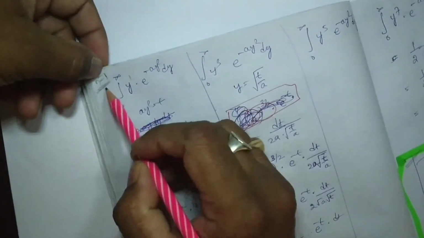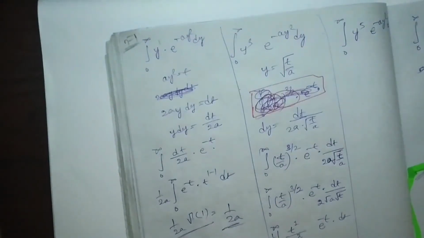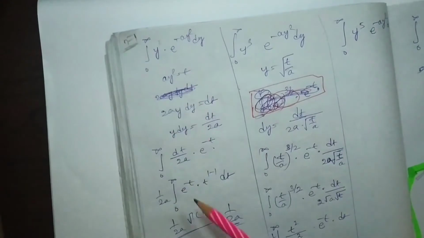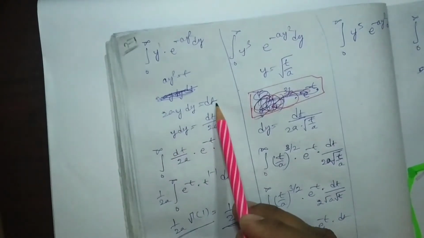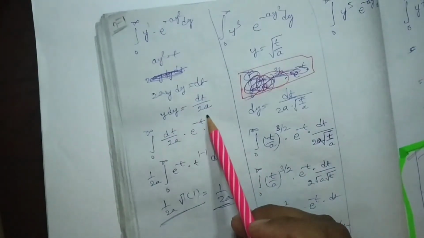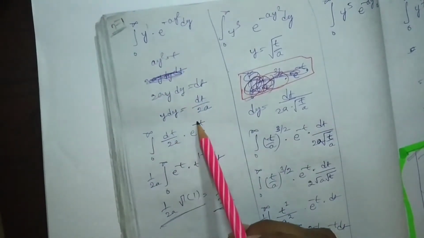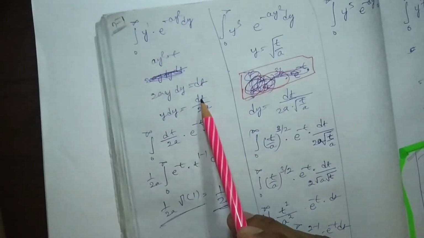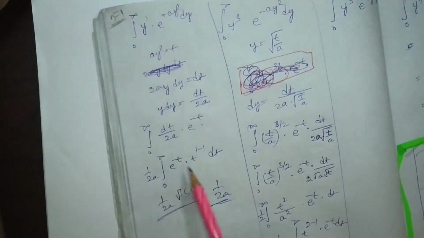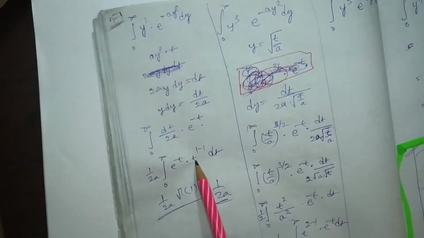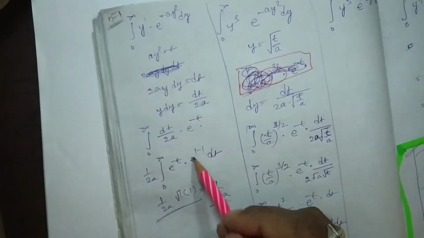See, when n is equal to 1, what are we going to find? We put a y square equal to t, 2ay dy equal to dt, y dy equal to dt by 2a. So if you put all the things here, it will be e to the power minus t, and y dy will be dt by 2a, so 1 by 2a goes outside, 0 to infinity e to the minus t into t to the power, here there is no t term, so we can write t to the power 1 minus 1.